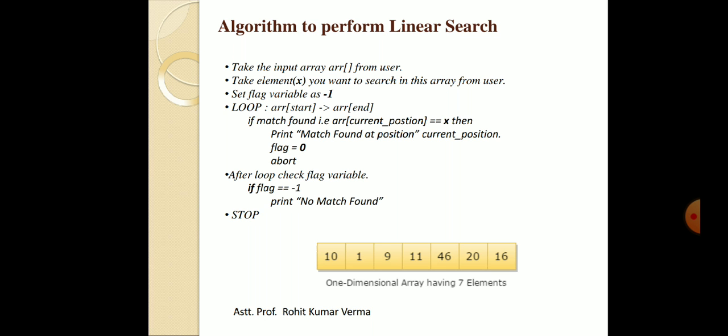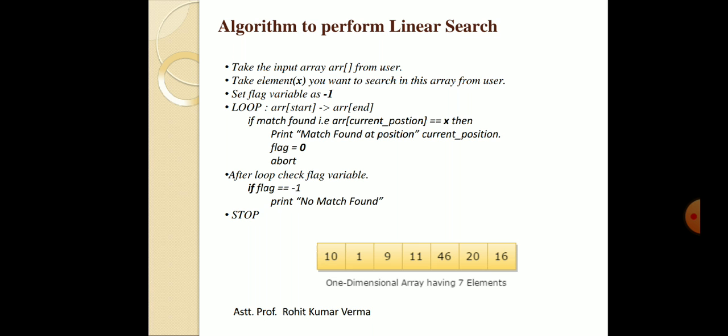Then in the third step we are setting a flag variable, and the initial value for the flag variable is -1. Now we are starting our searching mechanism. So dear students, first of all we are starting from our initial location, that is 0.